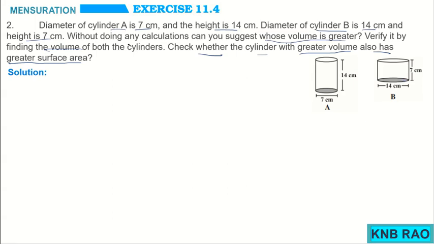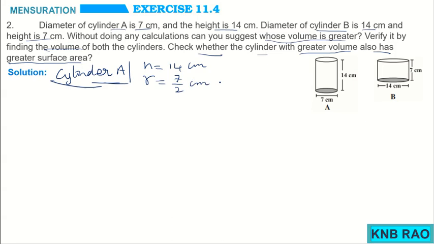Okay? First, I am taking cylinder A and I will find all the information required for cylinder A. In cylinder A, height is given as 14 centimeter and radius, if diameter is 7, radius will be 7 by 2 centimeter.